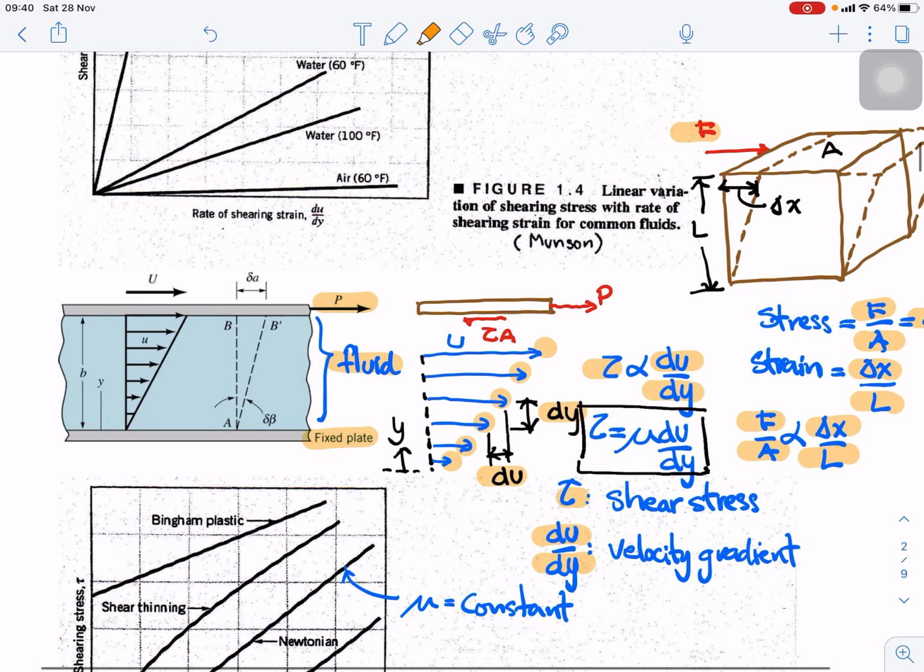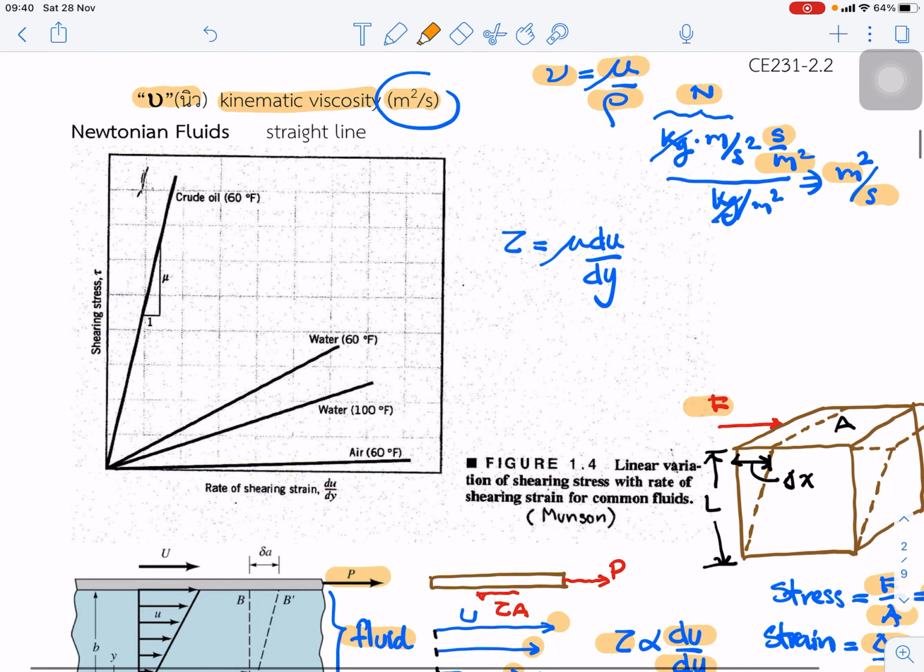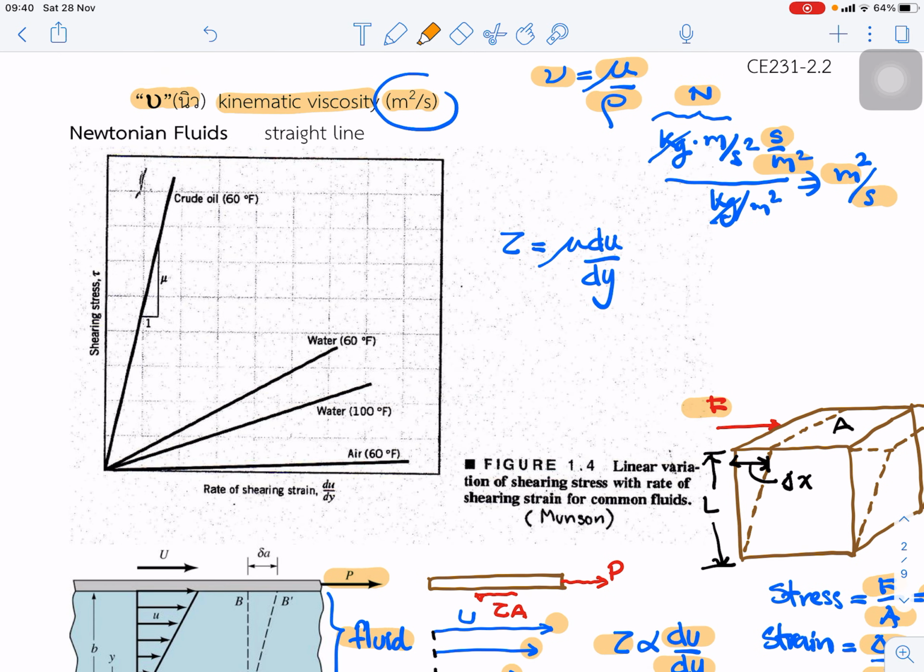From experiment we found that if we plot the curve between the velocity gradient du over dy with respect to the shear stress, we get a constant slope mu for air, water, and crude oil.